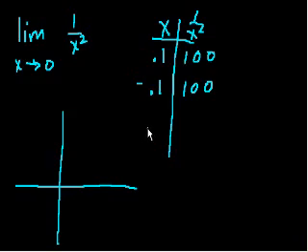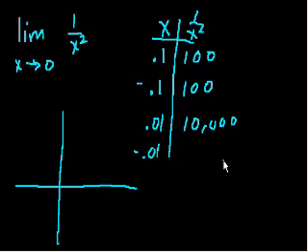And similarly, if we say x is 0.01, you'll get 10,000. And if we put minus 0.01, you'll get positive 10,000 as well, because we square it. So this graph, if you have a graphing calculator, you should experiment, looks something like this.